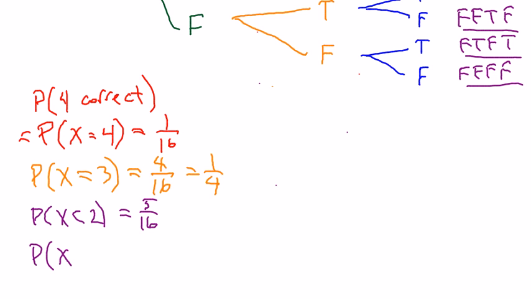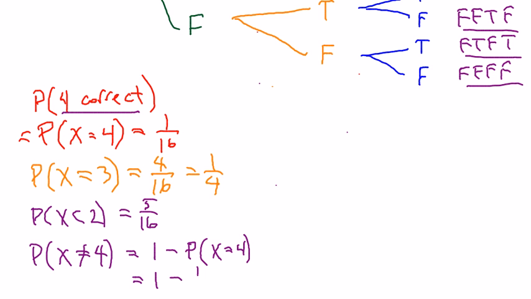So in set notation, I'm going to say the probability that x is not equal to 4. And we've already done the probability that x is equal to 4. So I'm going to say 1 minus the probability of the complement, which is that x is equal to 4. And so that becomes 1 minus 1 over 16, and that's basically 15 over 16.